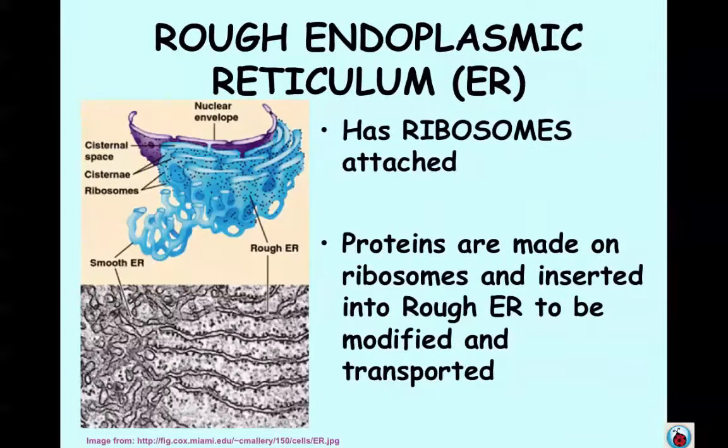So the rough ER has ribosomes attached. Proteins are made on ribosomes, inserted into the ER to be modified and transported. So for your organelle chart, you should have modify and transport proteins for rough ER.